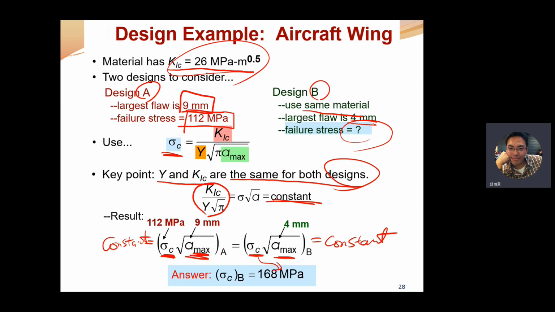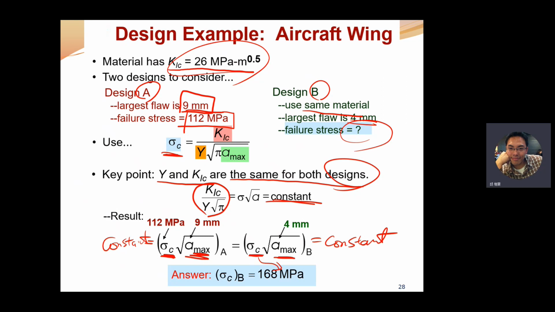So what does this result tell us? For example, we design an aircraft wing. We allow the largest flaw size to be 9 millimeter, and this wing will fail at a stress of about 112 megapascal.